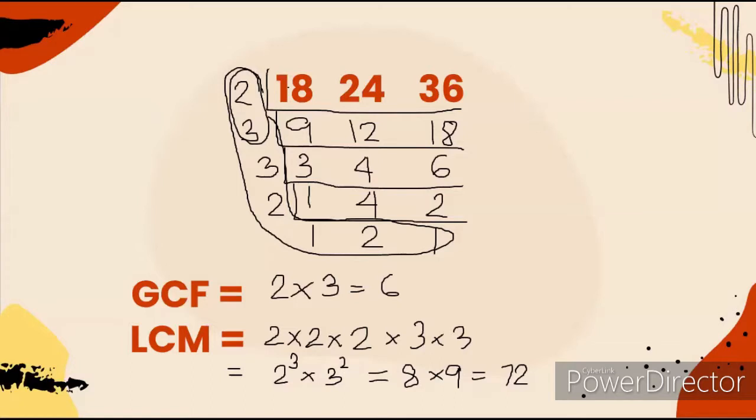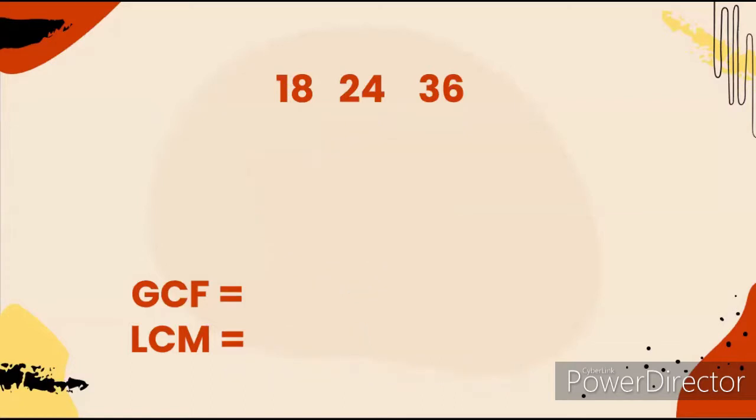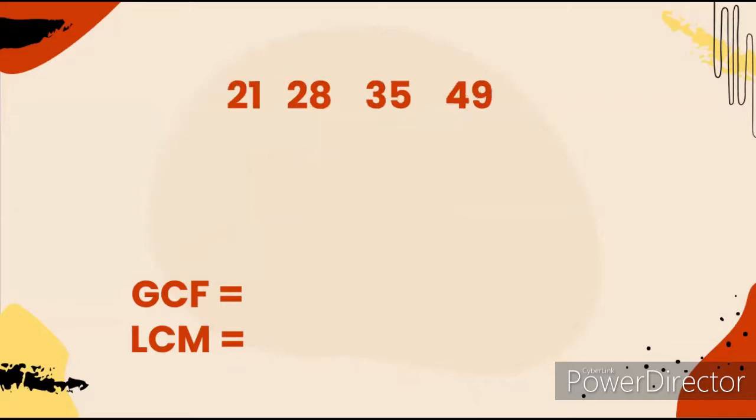Another example, I will give you 4 numbers. We will find their GCF and LCM again. So we have 21, 28, 35, and 49. Now, think of a prime number that is divisible by all these numbers.